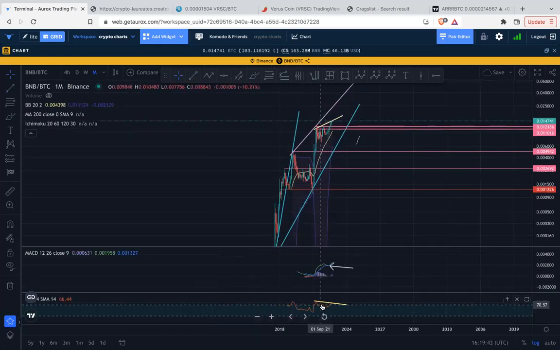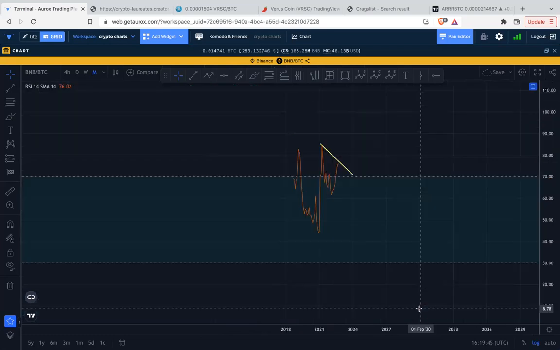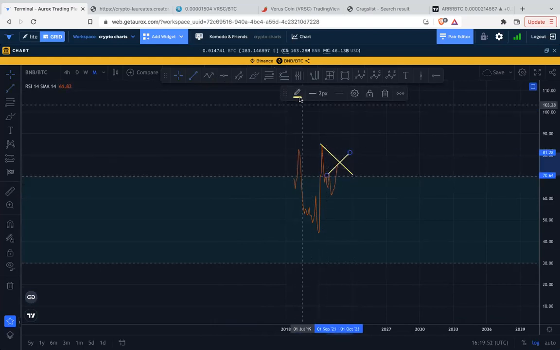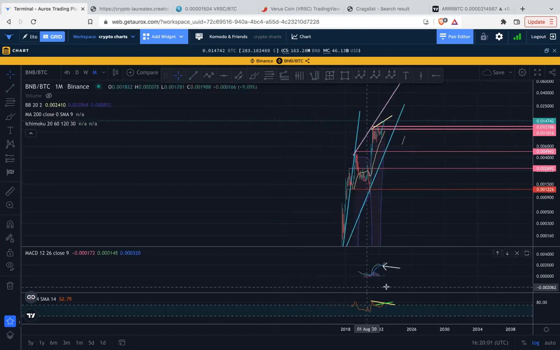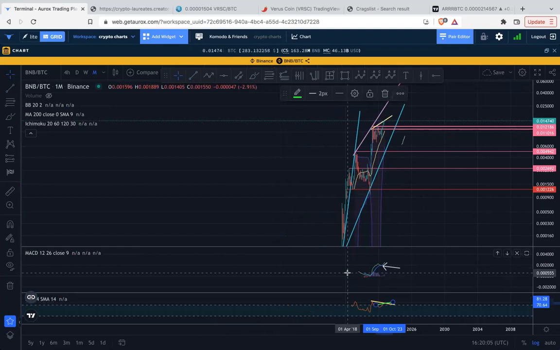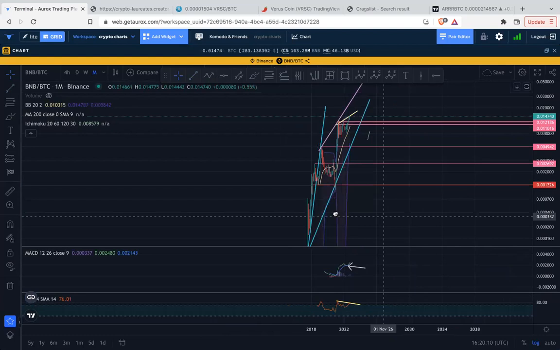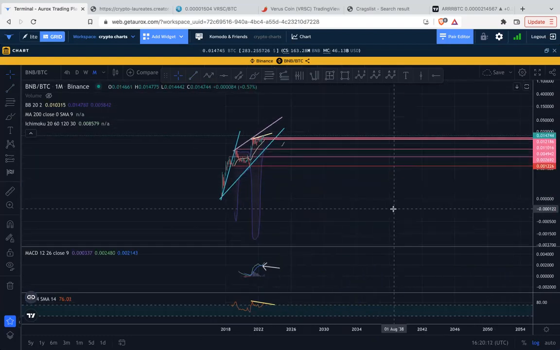Now the question is maybe it's not, because more locally it goes from here to here. More locally, there is a higher price. So what are you going to say? We're going to find out by price action before the RSI tells us. The RSI could be telling us, but we don't know until the price action confirms it. So we'll watch this price action on BNB long term.